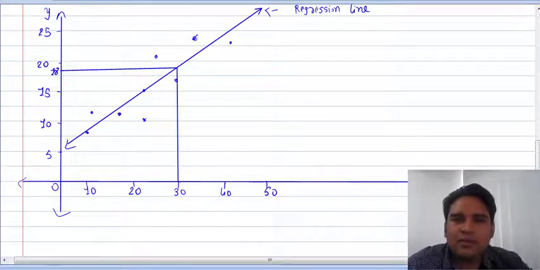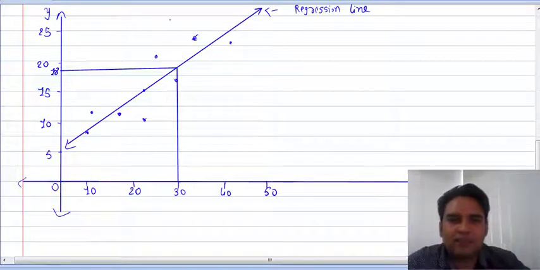This is how we can estimate the value of Y through the scatter diagram.